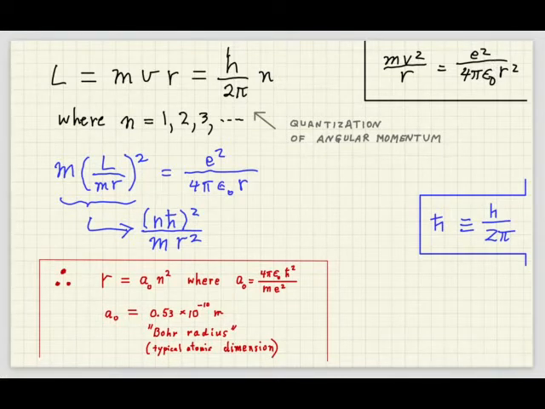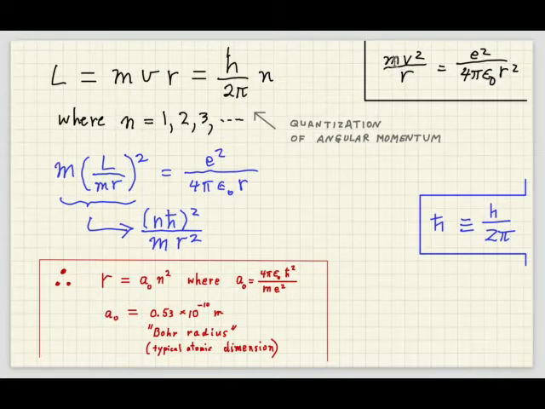All right, so let's rewrite this equation. We have here mv squared over r. Well, let's cancel one power of r. So we'll say mv squared is e squared over 4 pi epsilon 0 r. We'll multiply both sides of this equation by r.